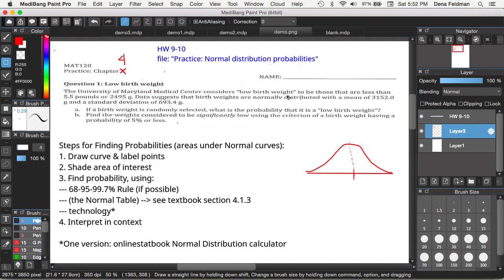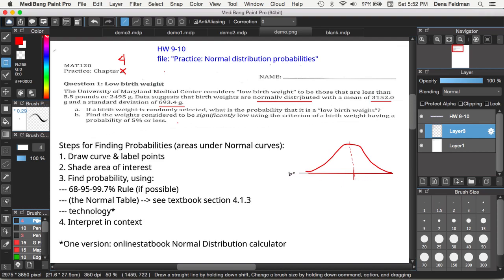Well, because I'm told that the birth weights are normally distributed and have this mean and this standard deviation, I automatically can draw more points. I can remind myself that this line represents all of the possible birth weights.